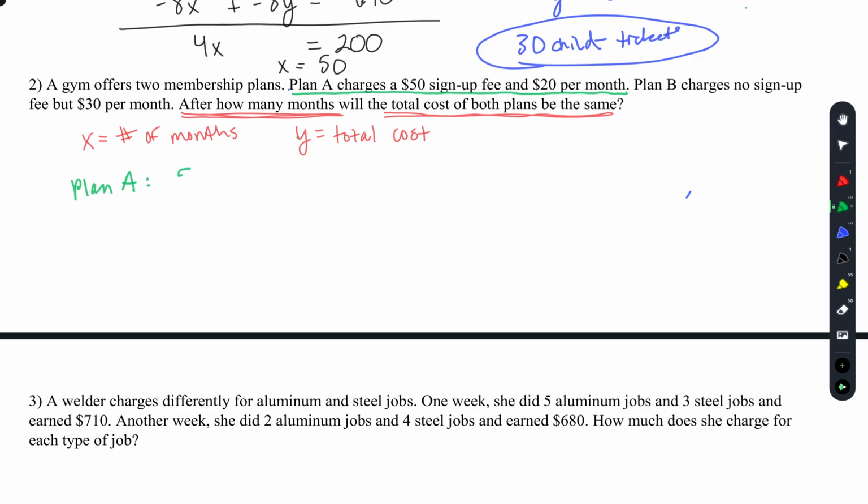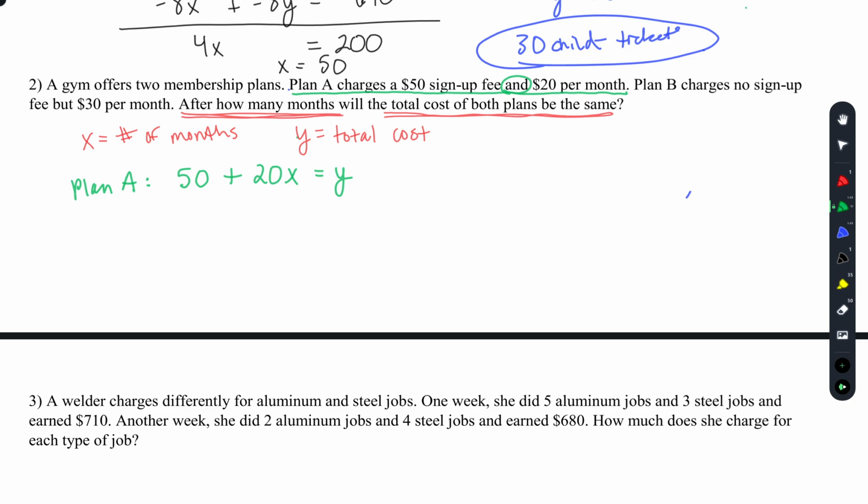So $50 for sure I'm spending, plus 20, and then there's that per month. So 20x, and that's going to equal my total for plan A.